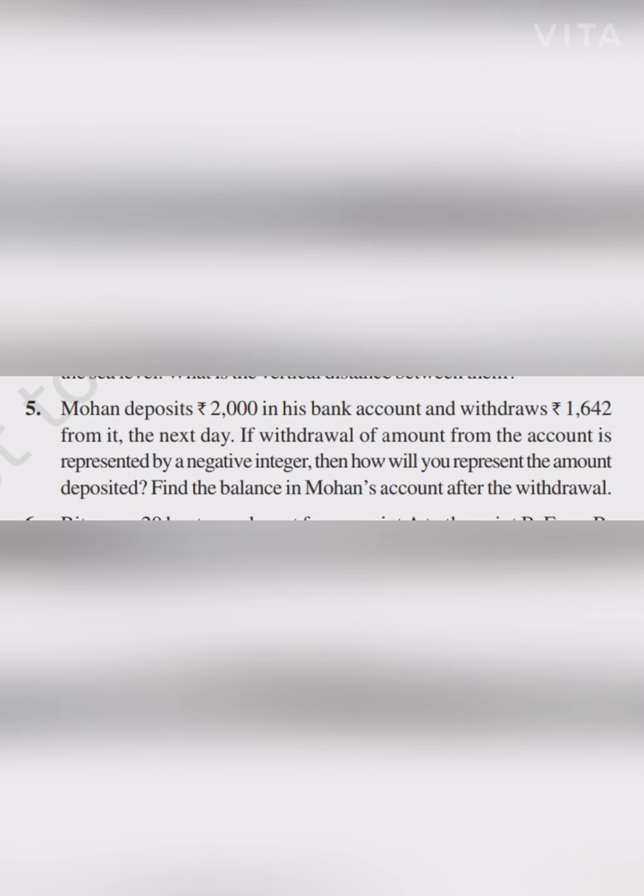Means that what we have to do? The question is saying that Mohan is a person who deposits 2000 rupees in his bank account, and the next day means today he deposits 2000 rupees in his bank account, and tomorrow he withdraws 1642 rupees.